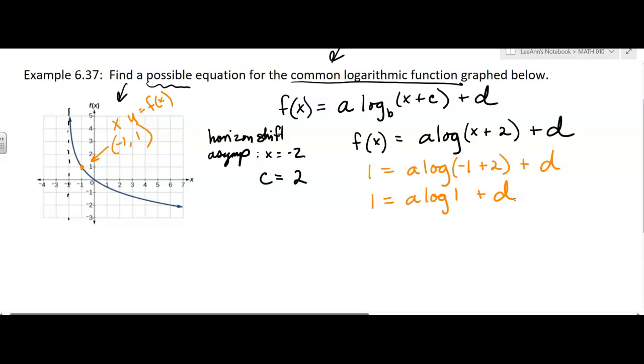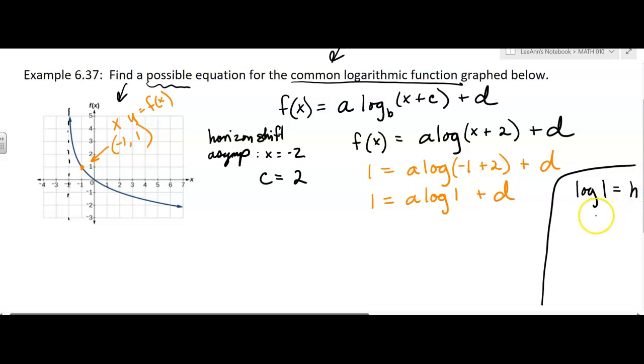Now you might say, well, that's not going to do me much good because I don't know a and I don't know d. There's something special though about log 1. So log 1, this is like a side note over here. What does that equal? We'll say it equals, give me a letter we haven't used, h.